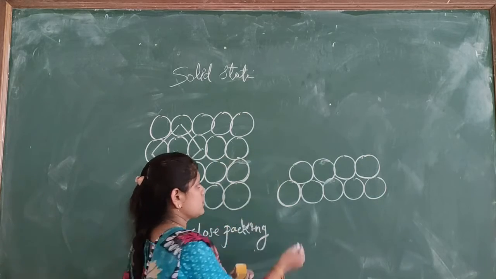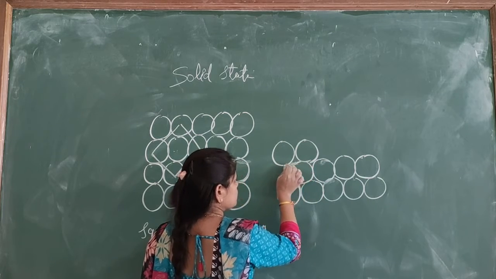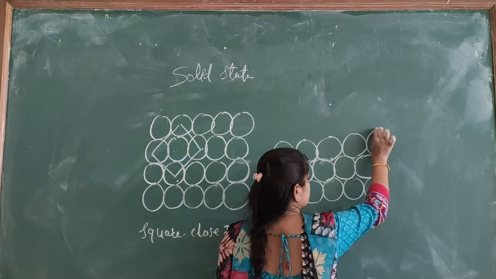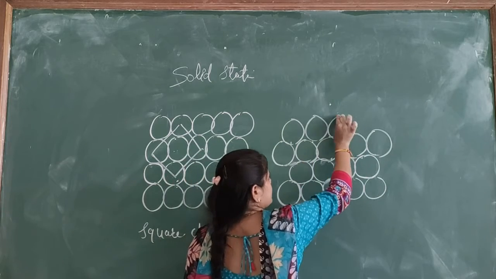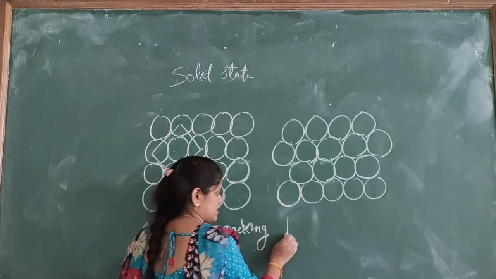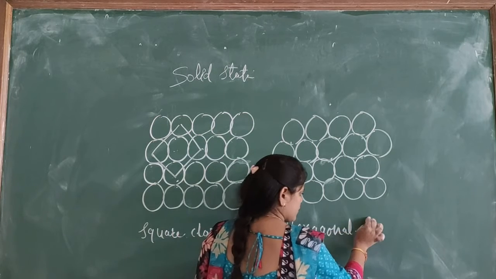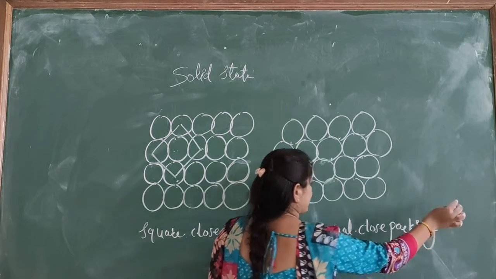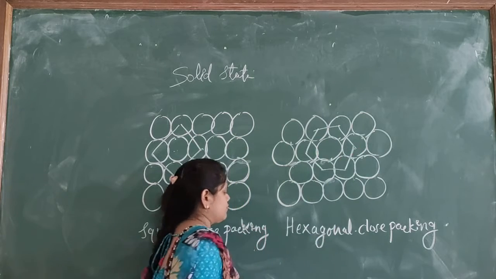Now again the third row will be present like the first row. Now here the fourth row is present like the second row. Okay, so this type of arrangement we call hexagonal close packing. Each atom will remain in contact with 6 neighboring atoms.